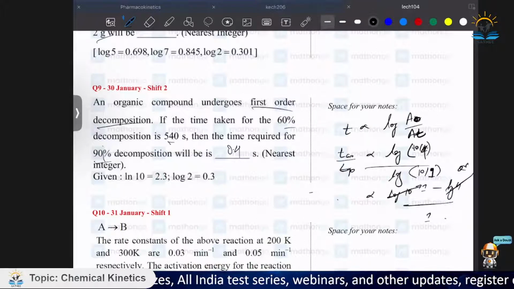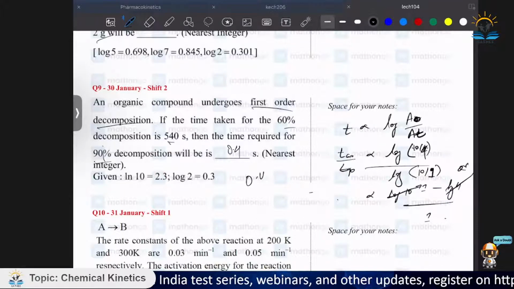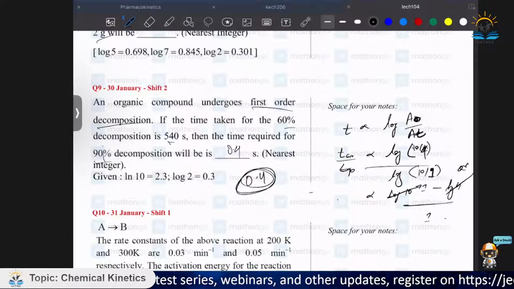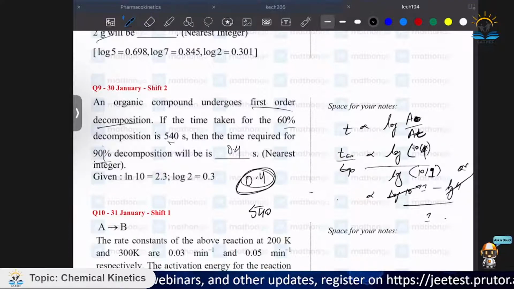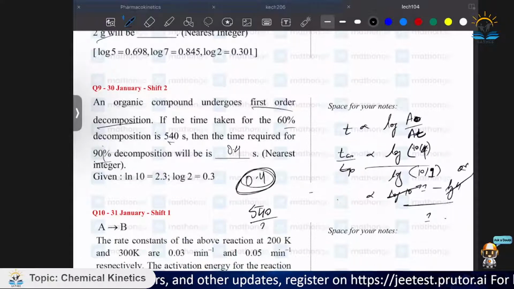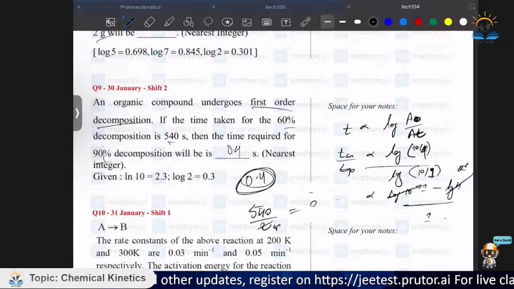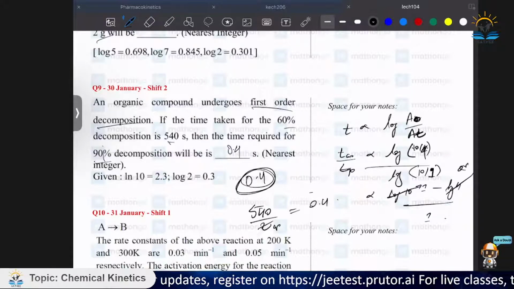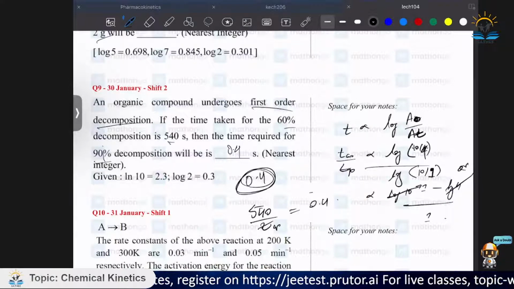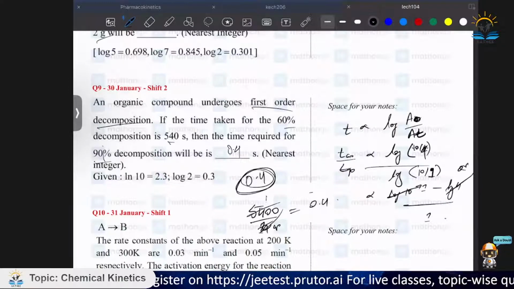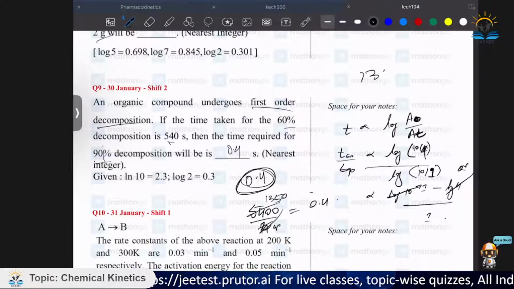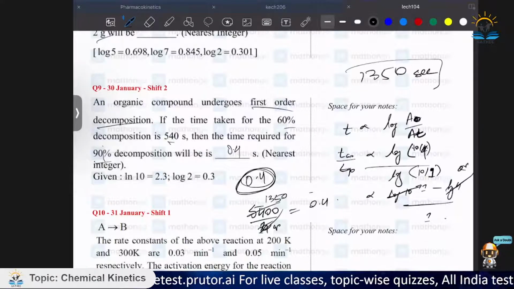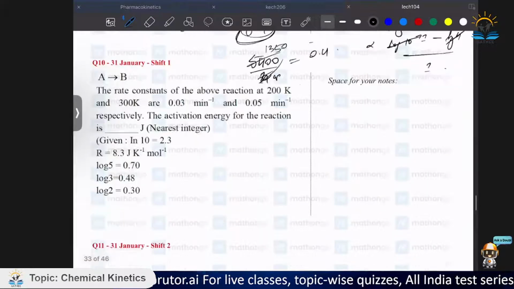The ratio is 0.4, so 540 is for 60%. So the time taken for 90% completion is 1350 seconds. That is the answer.